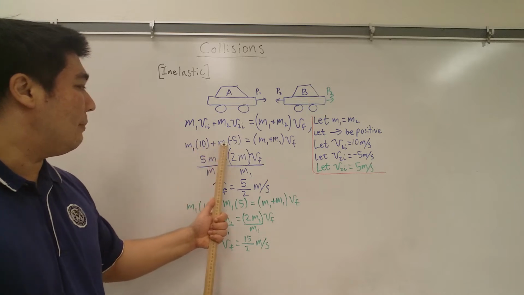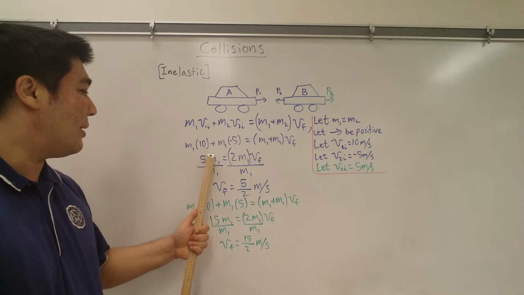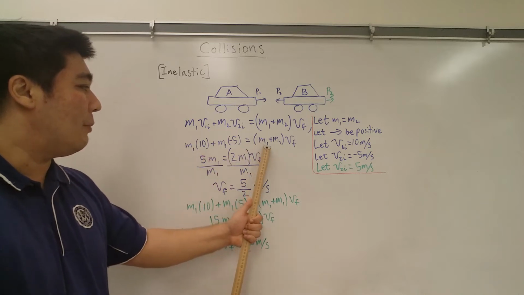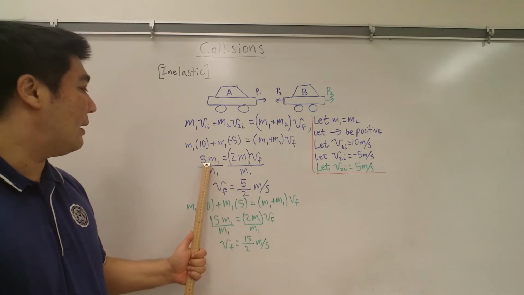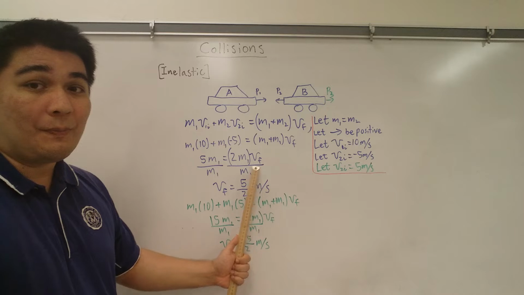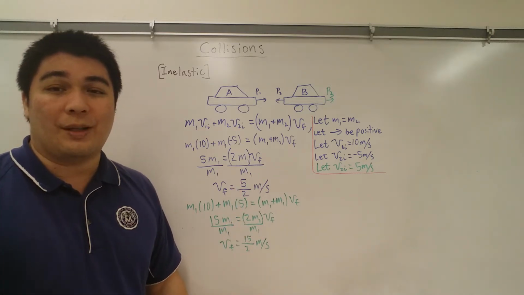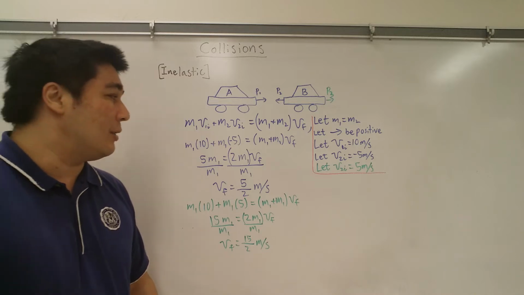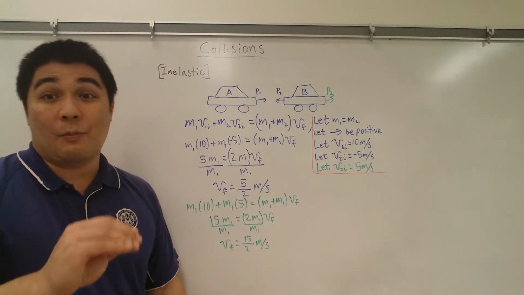So 10 plus -5 is +5. That's times M1. M1 plus M1 is 2M1. So I've got 5M1 equals 2M1 V final. Now what do I do with that? I've got that mass that I still don't know what to do with. However, I do have a solution for that, and that is to divide both sides of the equation by M1.